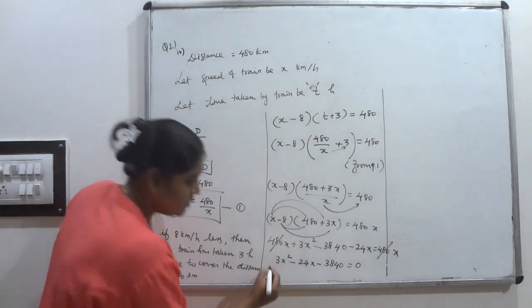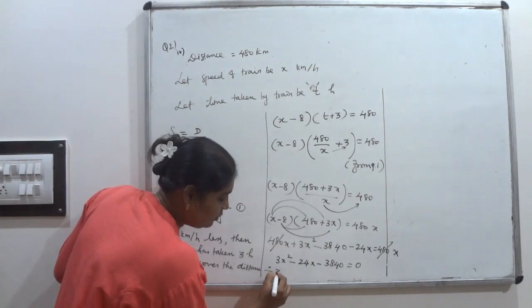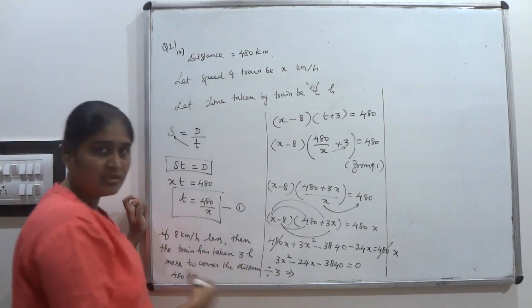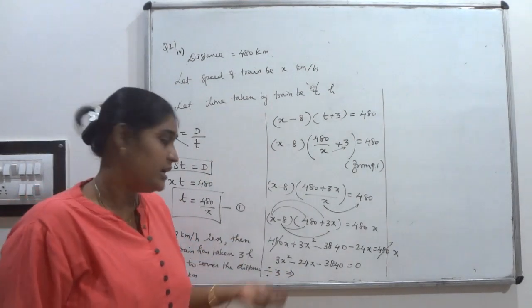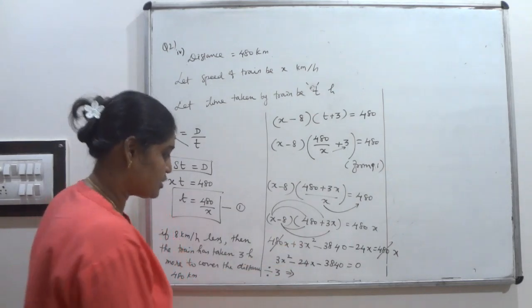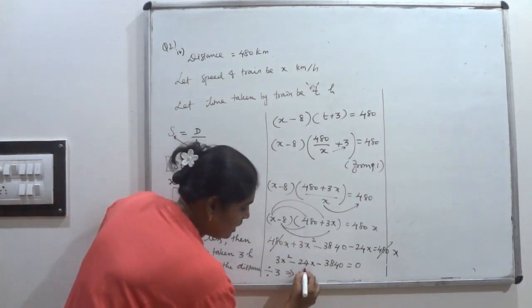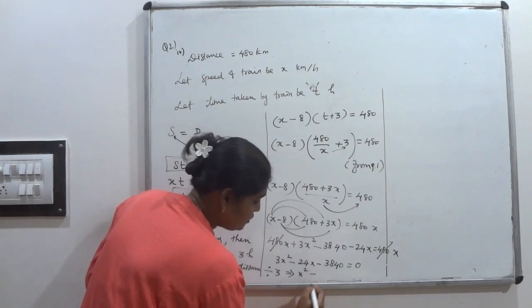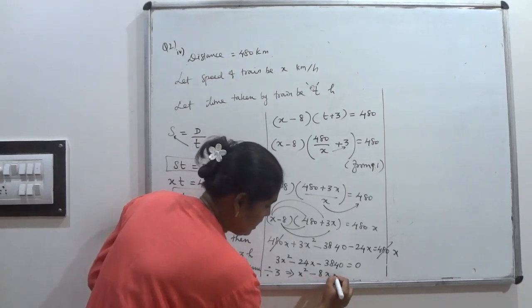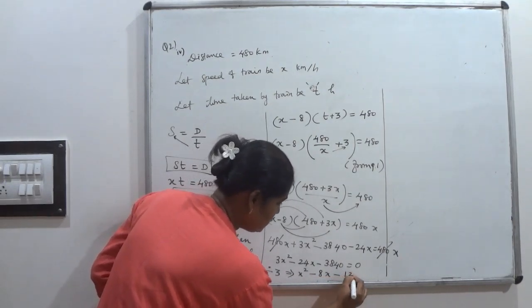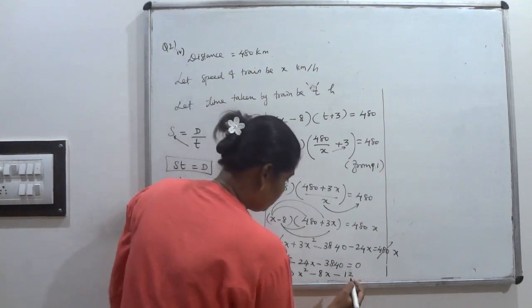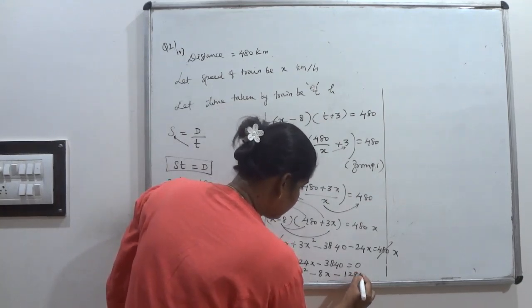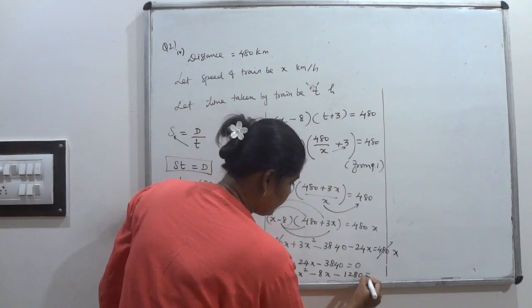Yes. This equation can be divided by 3. I am reducing this equation so that I can easily split it up. x square, 8 3s are 24, so minus 8x, and minus 1280, equal to 0.